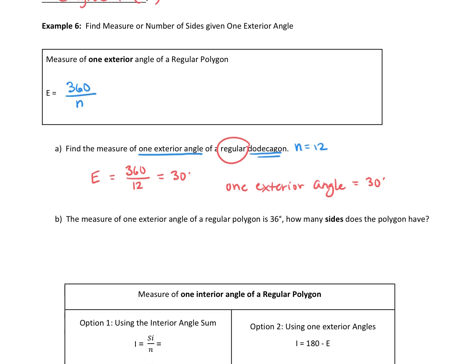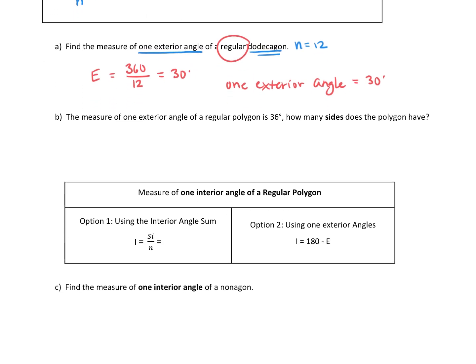All right, part B, the measure of one exterior angle of a regular polygon is 36 degrees. How many sides does the polygon have? When they ask for how many sides, you have to find n. So we're going to be using an equation and solving for n.